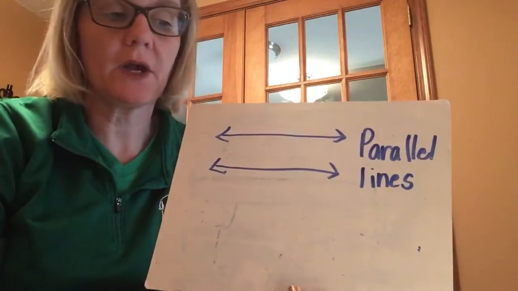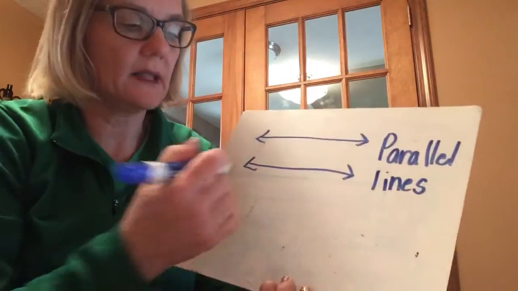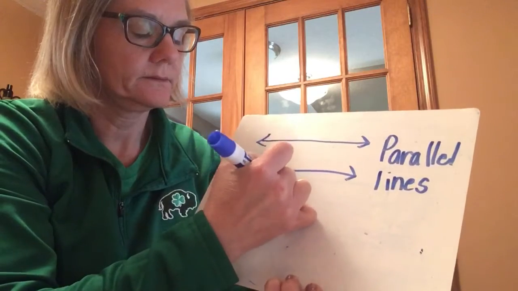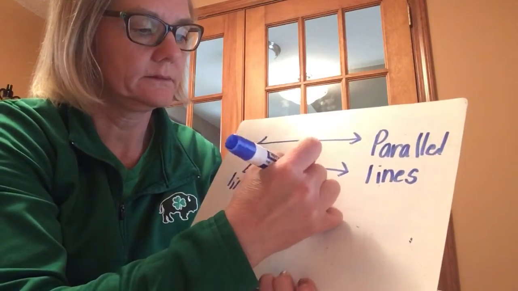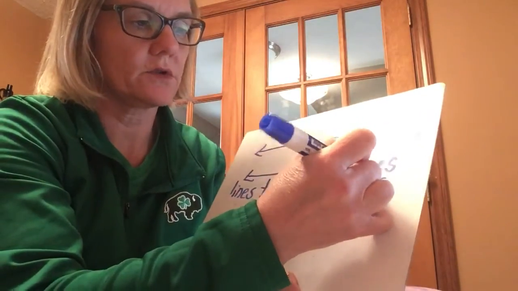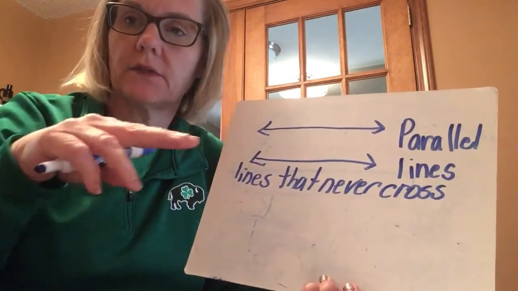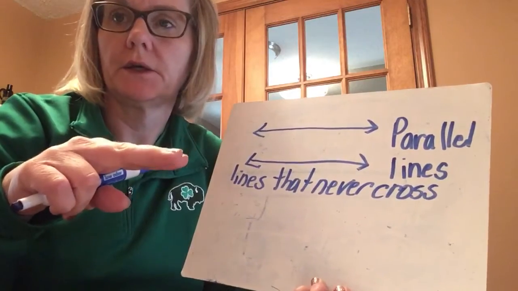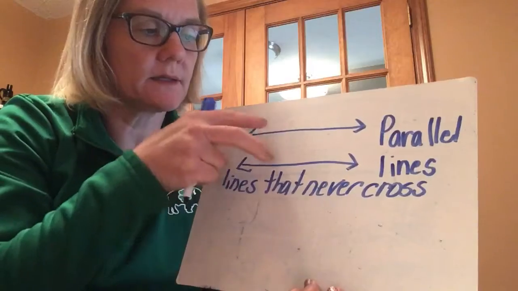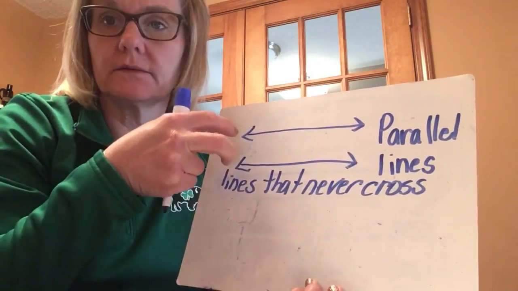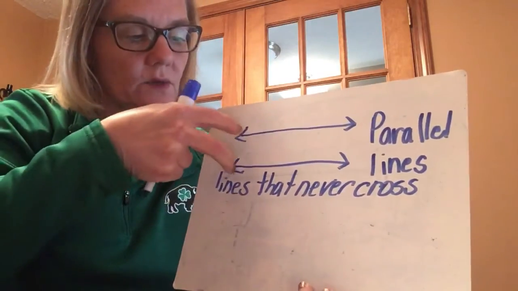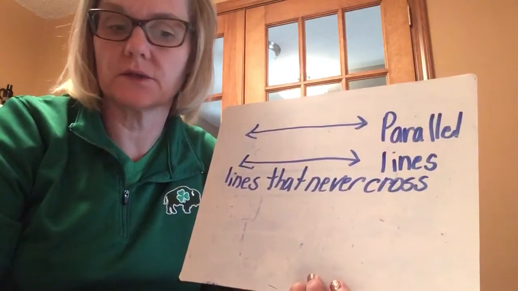Okay, and parallel lines are lines that never cross. So think of those railroad tracks. When they're going, they're never going to cross each other. There might be a curve or bend, but those two tracks don't ever cross each other because the train has to stay on the track. So it's going to go along these two parallel lines.